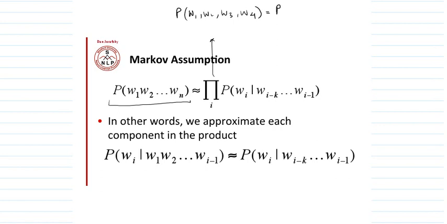So the probability of W1 followed by nothing, multiplied by the probability of W2 given that W1 has occurred, multiplied by W3 given W1, W2, the probability of W3 given that W1 and W2 have occurred, and the probability of W4 given W1, W2, W3.